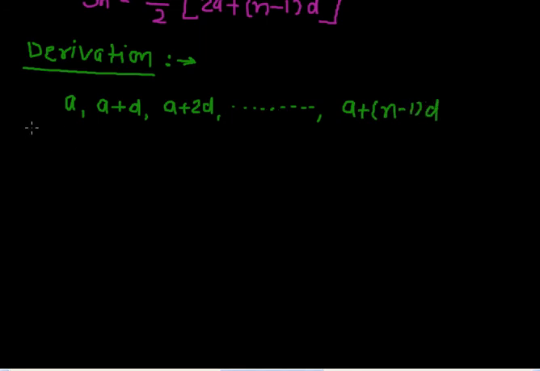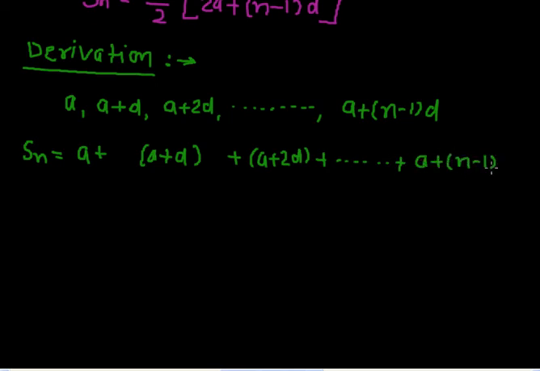Now see, if we are evaluating the sum of n terms, that means we have to add all of these terms. Adding all these terms, Sn is equal to first term a, plus second term a plus d, third term a plus 2d, and it goes up to the last term a plus (n minus 1) into d.